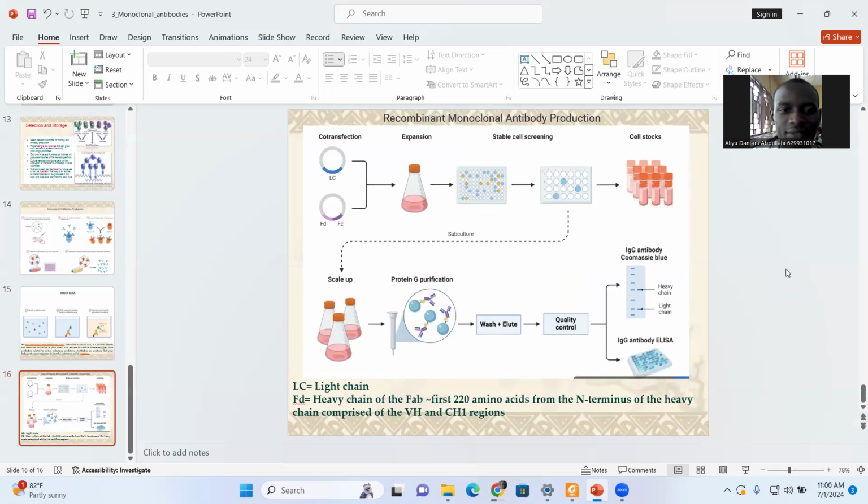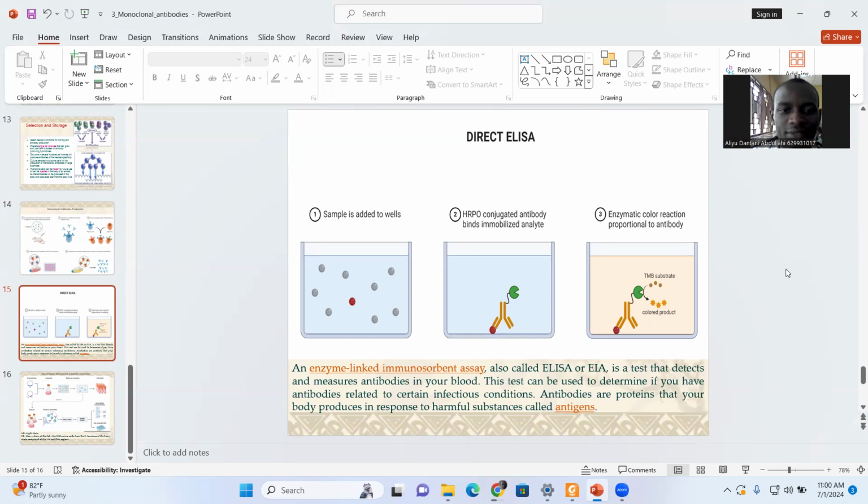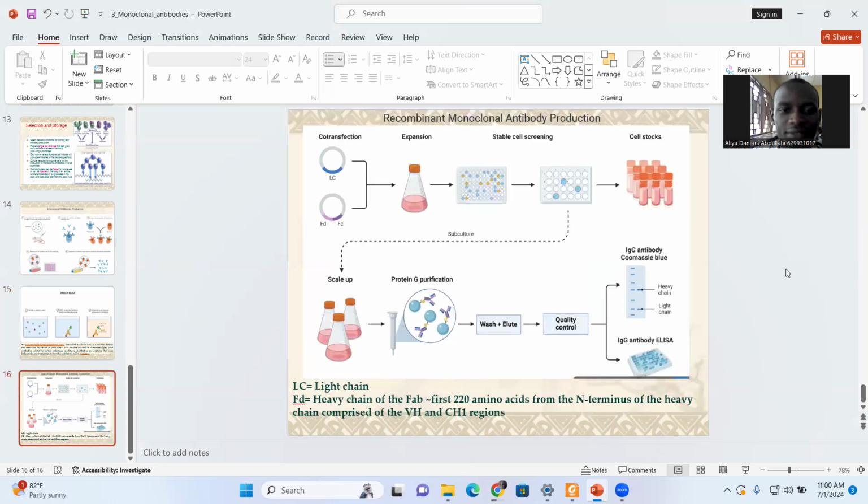So I think that's it. That's hybridoma. And then there's another way of producing monoclonal antibody. It's called recombinant monoclonal antibody production, where you use plasmids. We've done recombinant DNA technology, the engineering aspect, in the laboratory. And I'm sure in other courses too, so you should know about this.